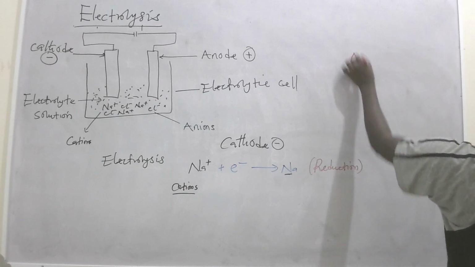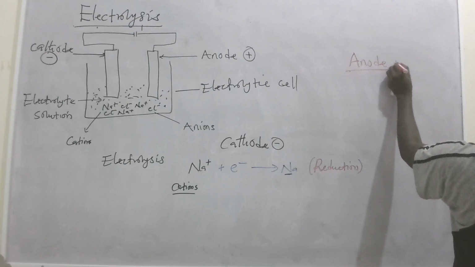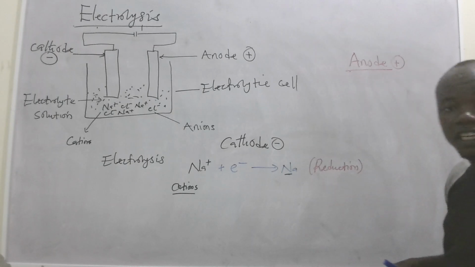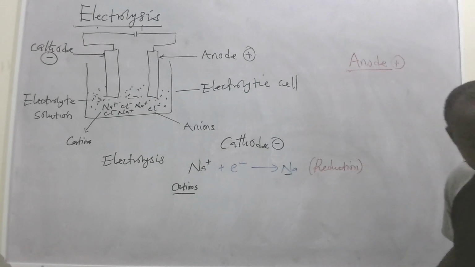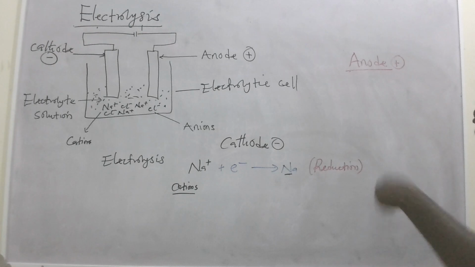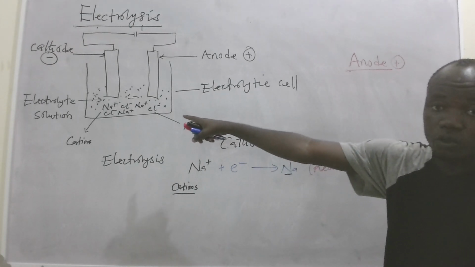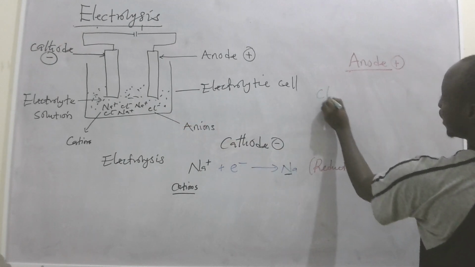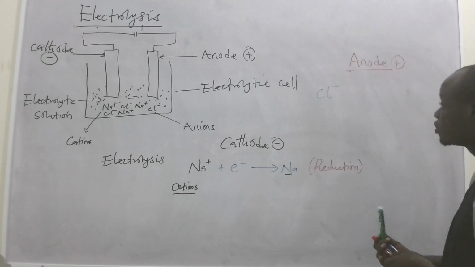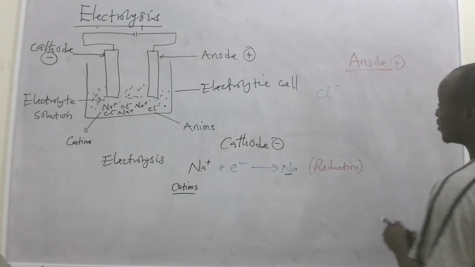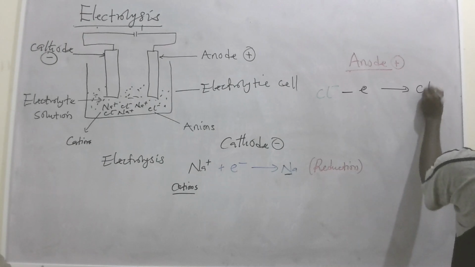And then at the anode, which has a positive charge, the chloride ion, the one with the negative charge, is going to lose its electrons to become chlorine.